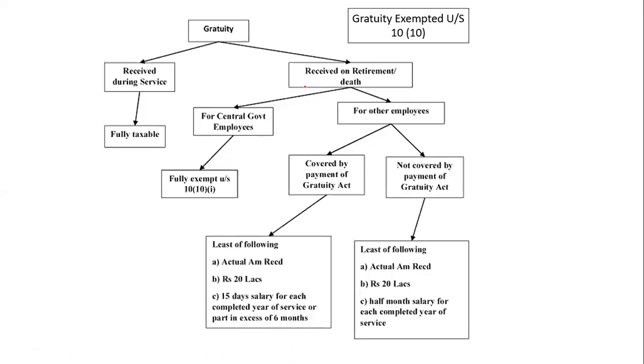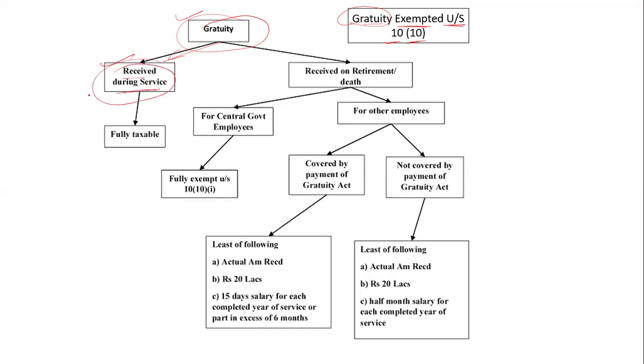Now, let's understand the concept of gratuity. Gratuity is an exemption which is given under section 10, clause 10. In the exemption, we cannot say subsection; we say section 10 or 10 clause 10, like this. The gratuity is divided into two parts. The first is that received during the service.